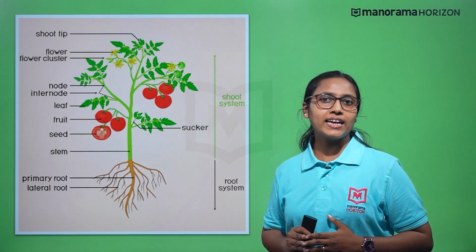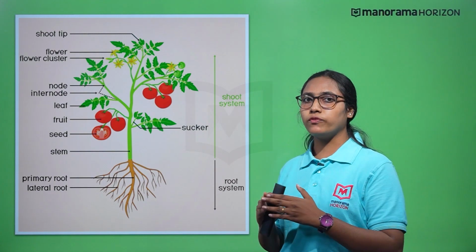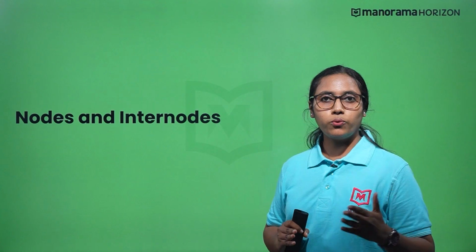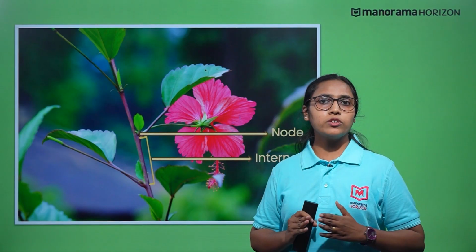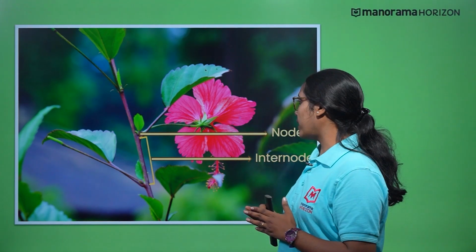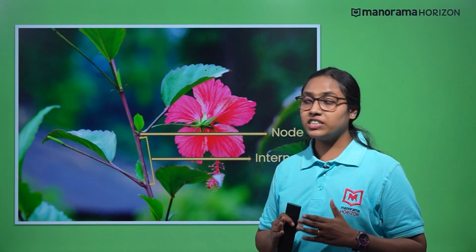It is the main axis of a plant consisting of nodes and internodes. What is the difference between nodes and internodes? Both nodes and internodes are structural components of a stem. The lateral buds are present in the nodes.